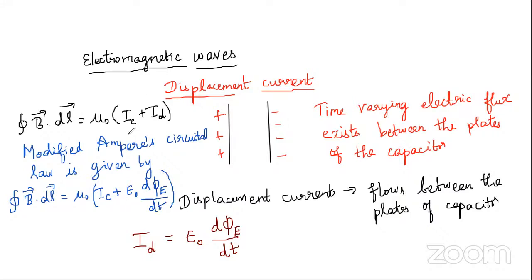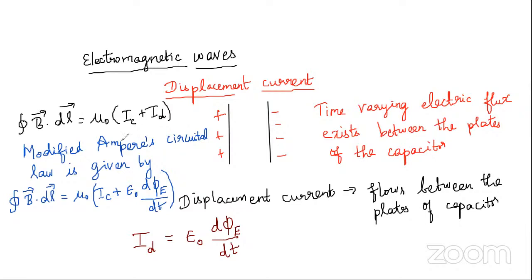Here IC is nothing but the conduction current. Conduction current is the normal current. We know very well the flow of electrons contributes to electric current. So IC is the conduction current, the current flowing through a wire. When you connect a battery to the wire, you can observe the flow of electrons in the wire, and due to the flow of electrons you get the conduction current.